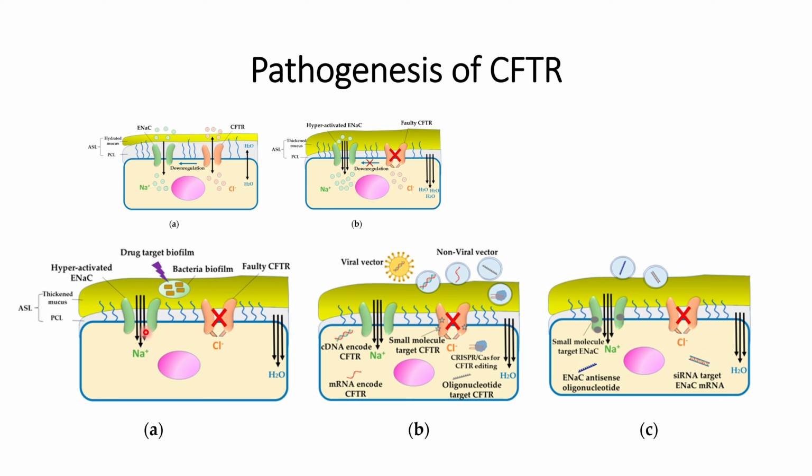Because of this, the balance between sodium and chlorine is not able to be maintained, and then this ENaC, the epithelial sodium channel, will get hyperactivated. So in order to control this bacterial infection, antibacterial treatment can be given to prevent the formation of this bacterial biofilm, as this bacterial biofilm will prevent the response of the host immune system, and also it is resistant to several antibiotics.